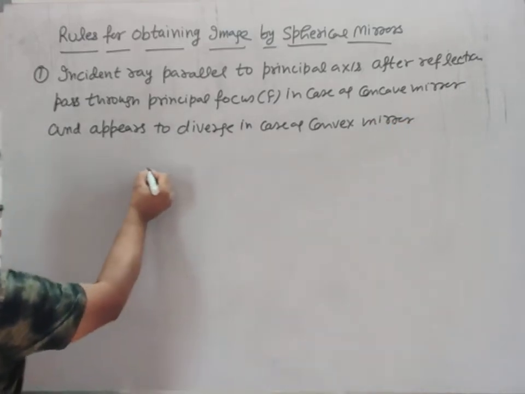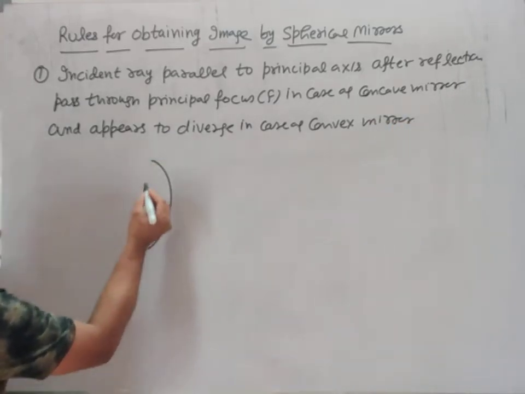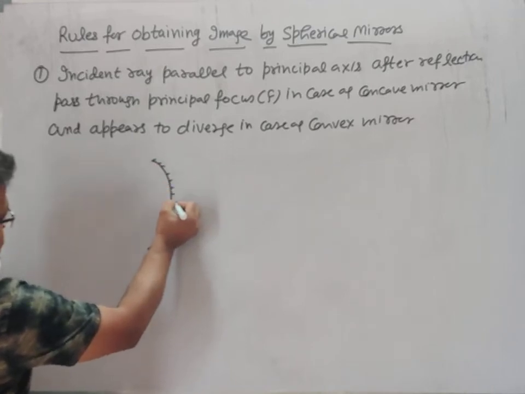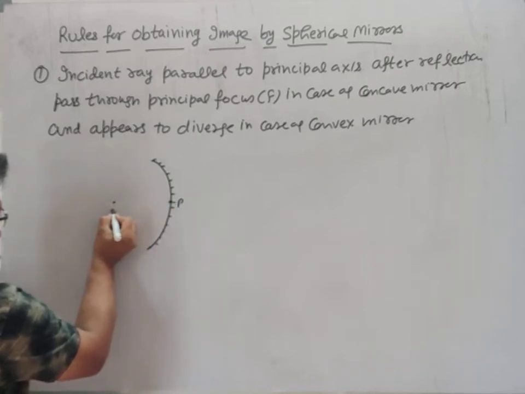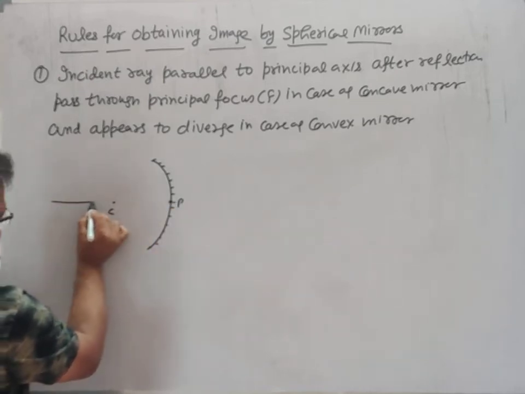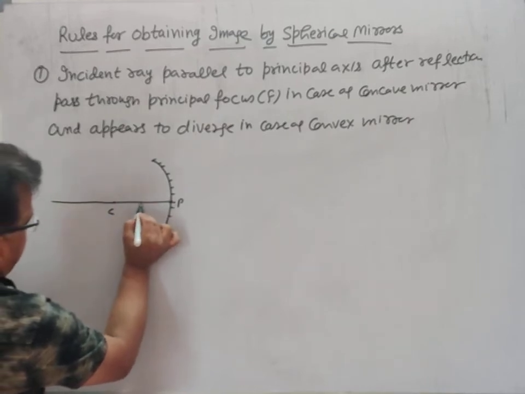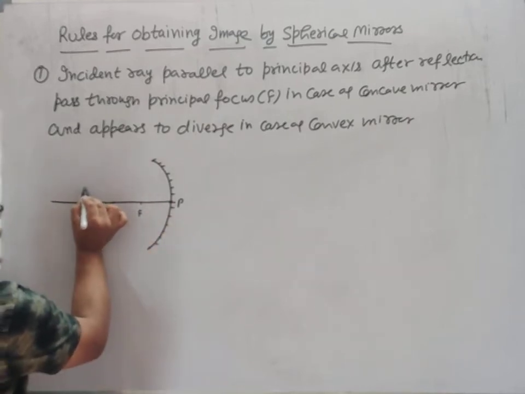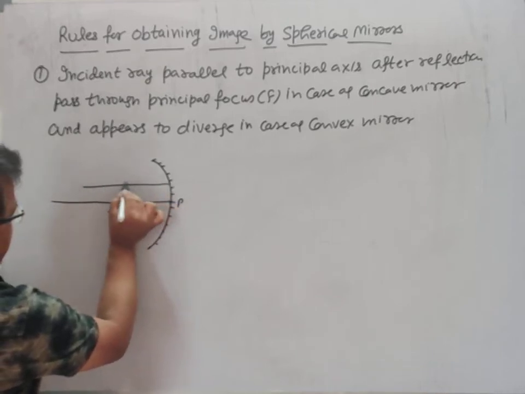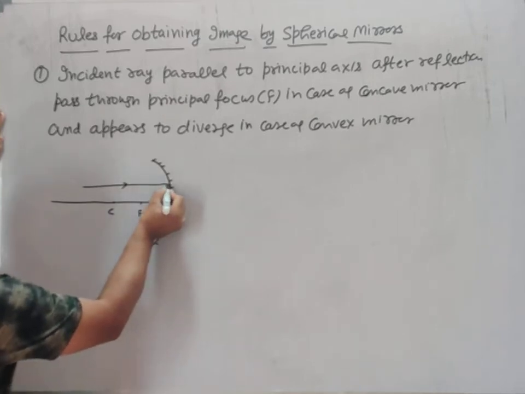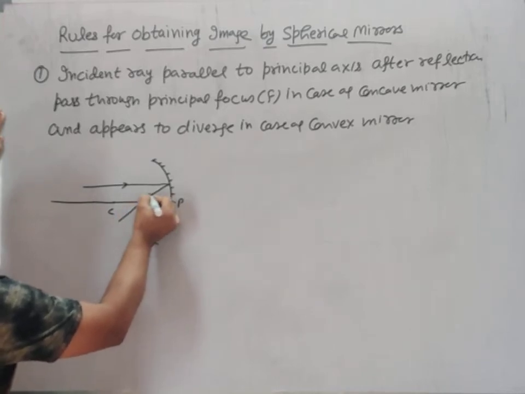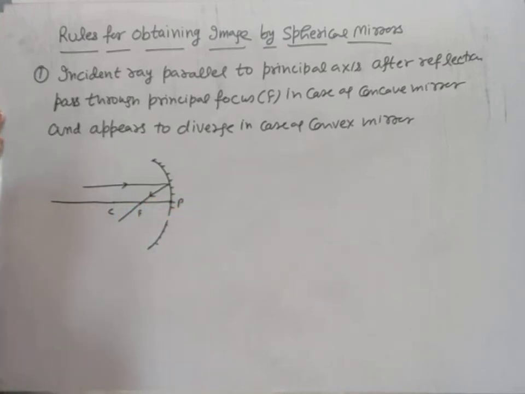Let's see. Here it is P, C, and in middle F. An incident ray parallel to principal axis will pass through this principal focus after reflection. This is true for all rays.